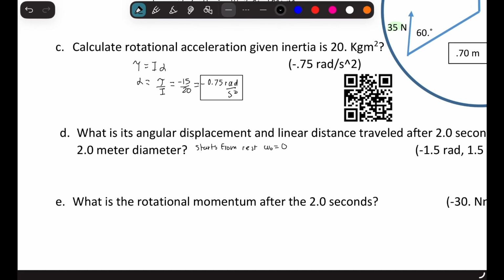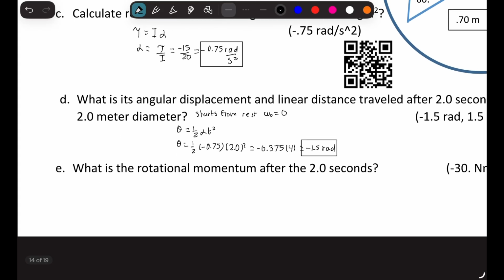Then the kinematics equation simplifies down to theta equals 1/2 times angular acceleration times t squared. That's theta equals 1/2 of negative 0.75 times 2.0 squared, which equals negative 0.375 times 4. That's going to equal negative 1.5 rad for your solution.